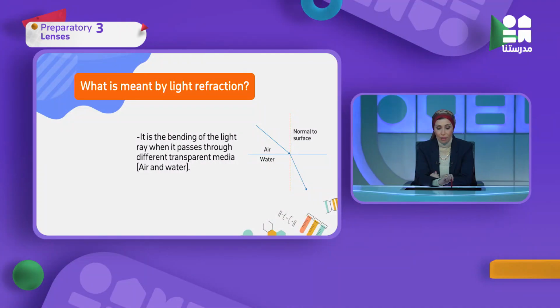So I can see the spoon which is inside the beaker broken, but it's not broken. It's real, but I can see it like this due to the refraction of light. امتى? When the light passes from a transparent medium like the air to another transparent medium which is the water, as you see here in the figure.